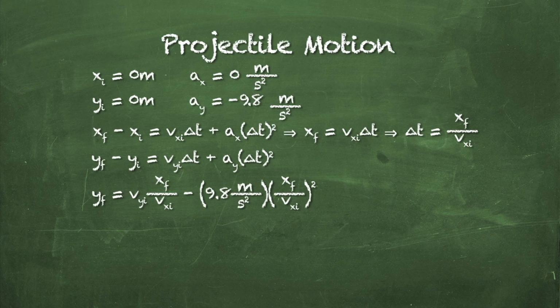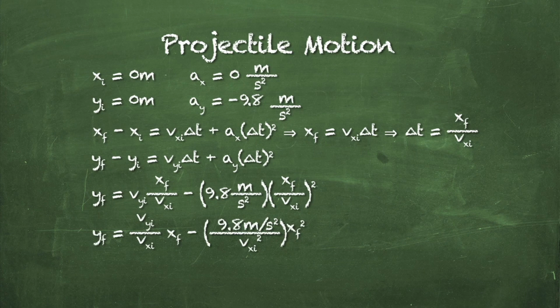And that gives us the final equation that I was trying to get to: y final equals Vy initial divided by Vx initial times x final, minus 9.8 meters per second squared divided by Vx initial squared times x final squared.